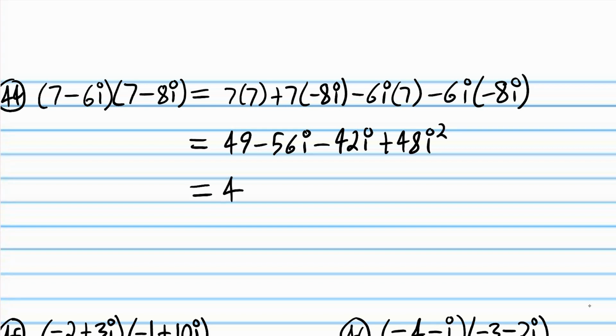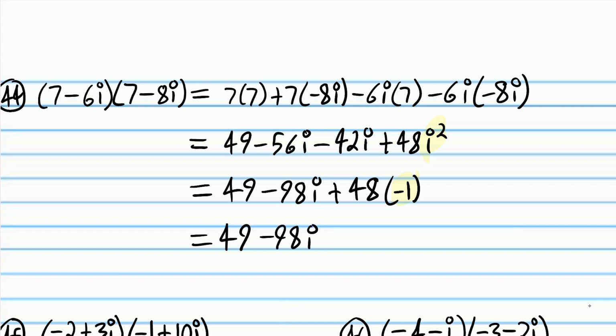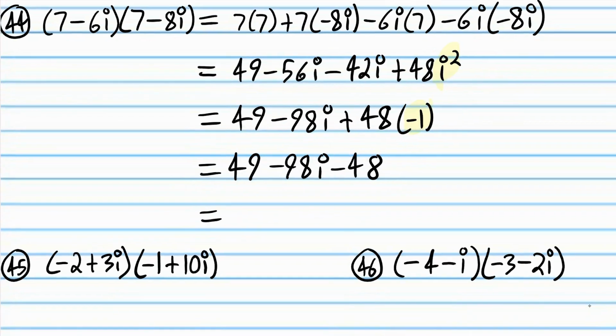And combining the inner terms, we have negative 98i, it looks like, plus 48 times negative 1. And then we get 49 minus 98i minus 48. And the final answer is going to be 49 minus 48 is 1.